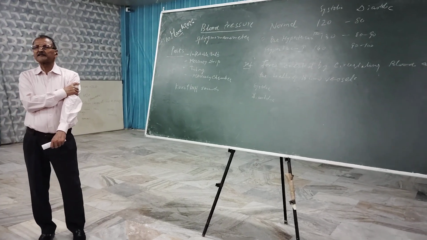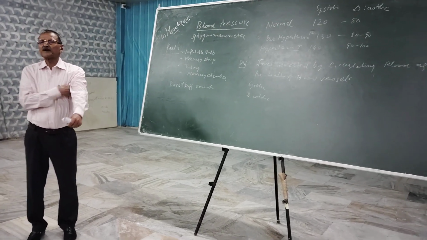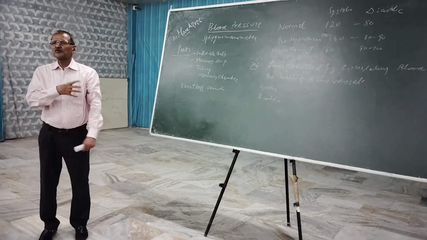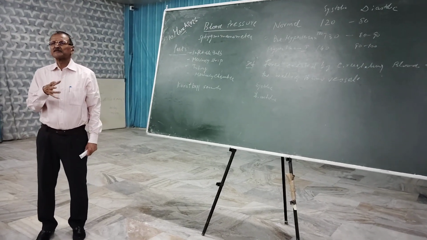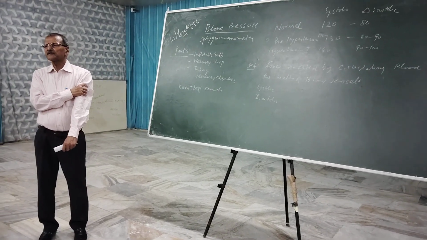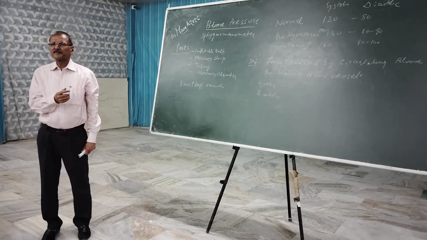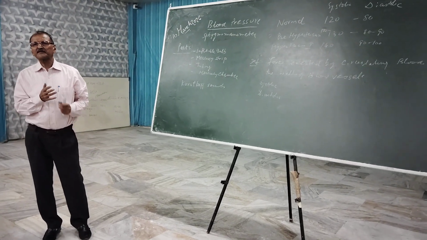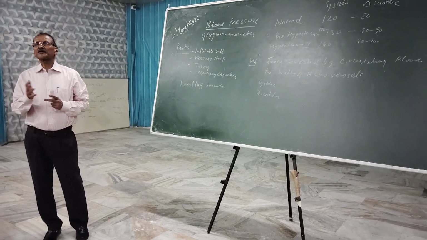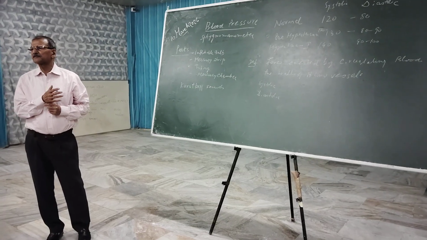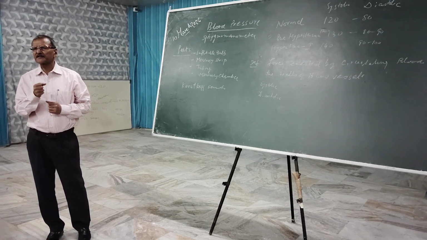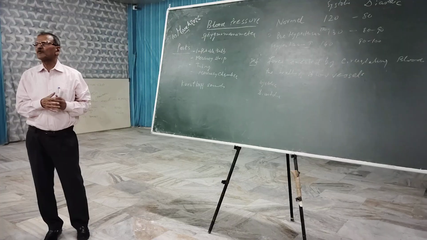The pressure builds up around the arm of the patient. So a point comes when the pressure reaches the systolic pressure, the pressure which is being exerted by the contracting heart against the walls.